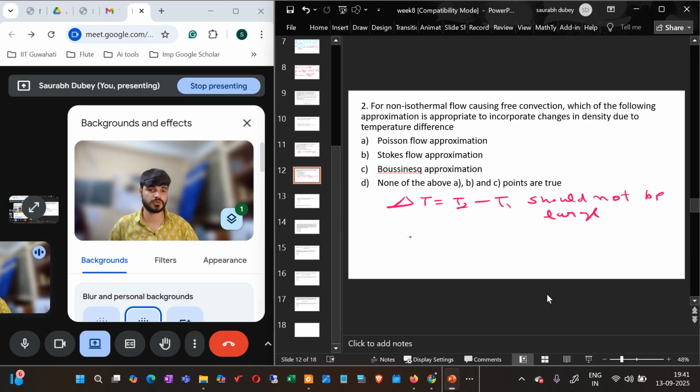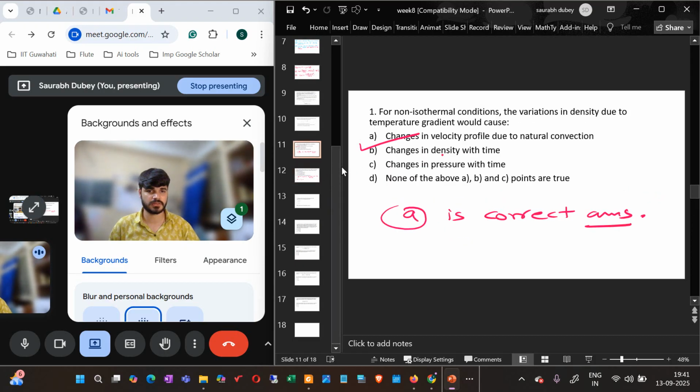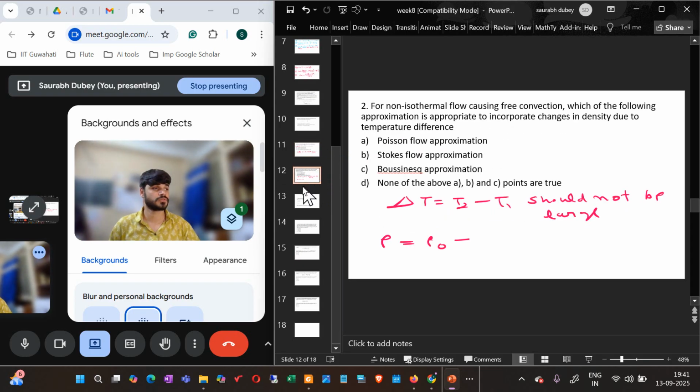In that case, you can use rho equals rho 0. Now, you see this one: what you are having is this minus, it gets subtracted, right? So minus what?